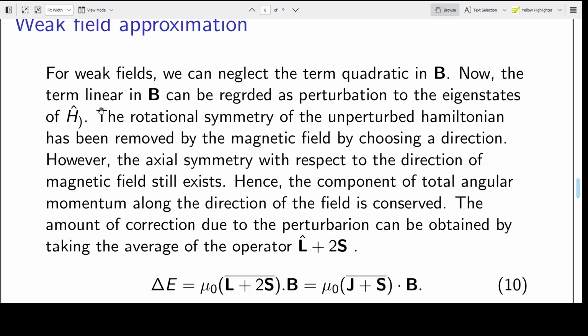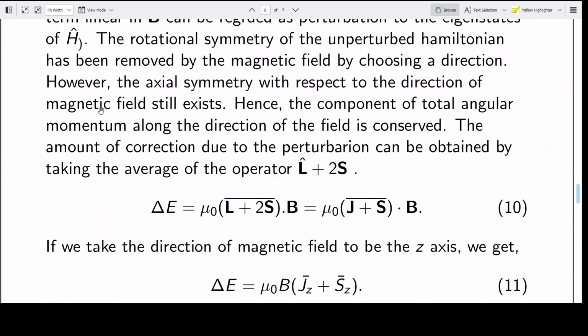The amount of correction due to the perturbation can be obtained by taking the average of the operator L hat plus 2S hat. Delta E is equal to mu naught times the average of (L hat plus 2S hat) dot B, which is equal to mu naught times the average of (J plus S) dot B.